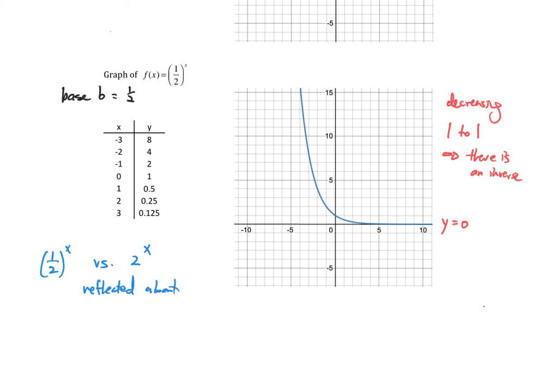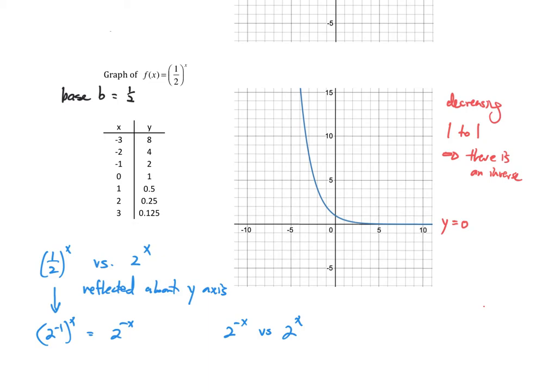about the y-axis. Now, this shouldn't be a surprise to us because we can really rewrite this guy as 2 to the -1 raised to the x power, right? And then if you wanted to, you could write that as really 2 to the -x. So we're really comparing 2 to the -x versus 2 to the x power.